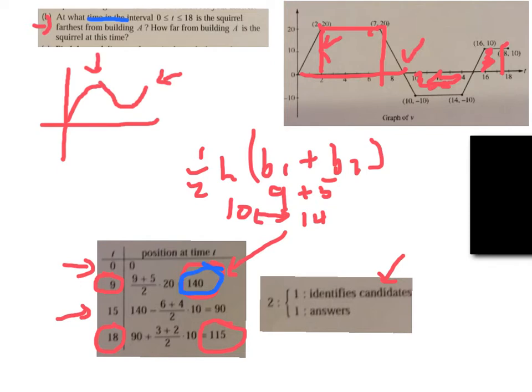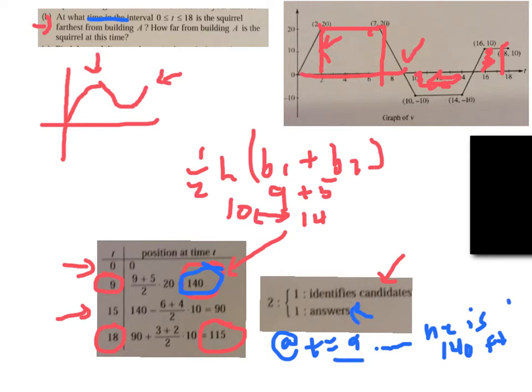At t equals 9, the squirrel is farthest right. I'm not going to write that because I don't have a lot of room here. The squirrel is farthest right, and he is 140 feet from the building. So the answers would be the 9 and the 140, and the candidates would be the 9 and the 18, refuting your other local min.